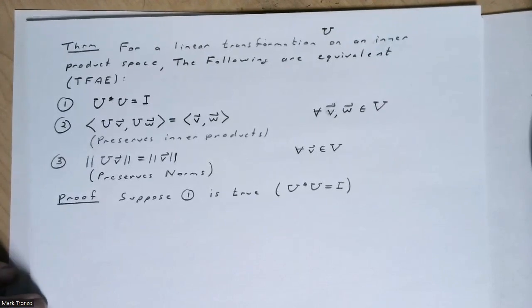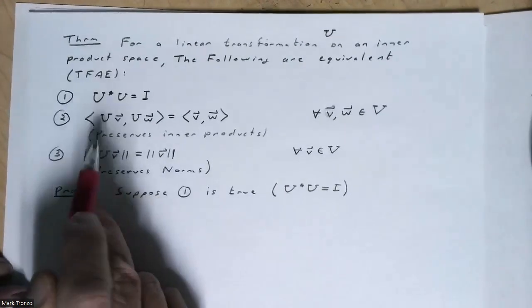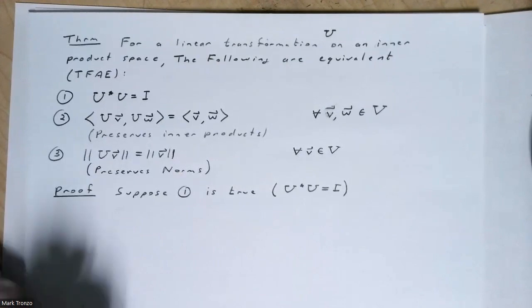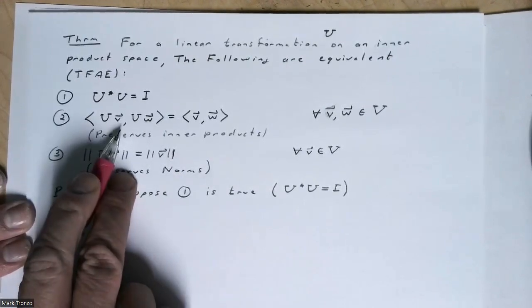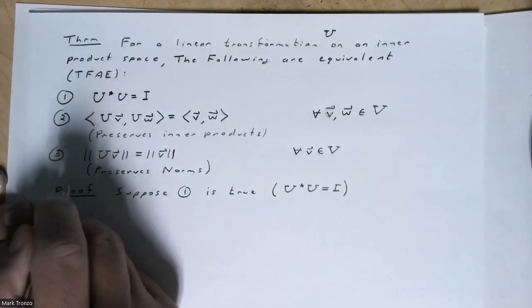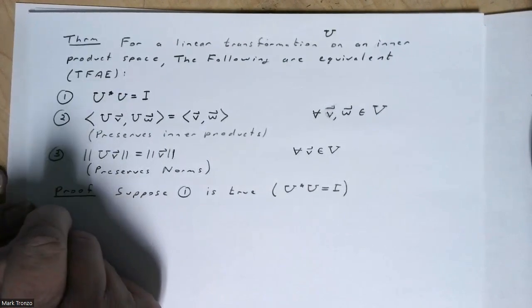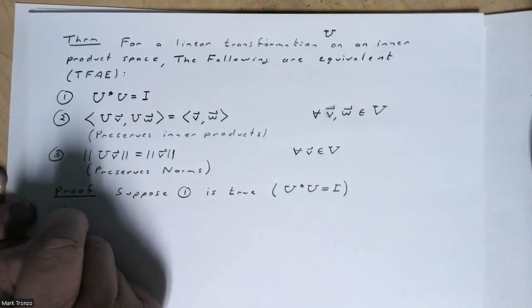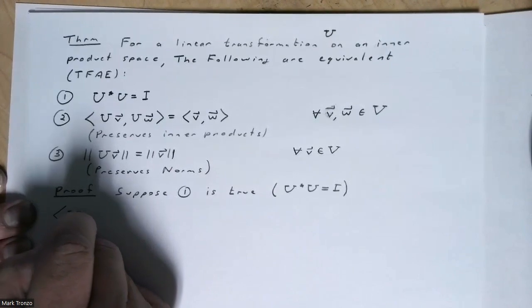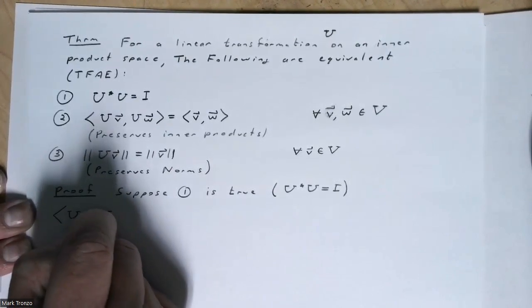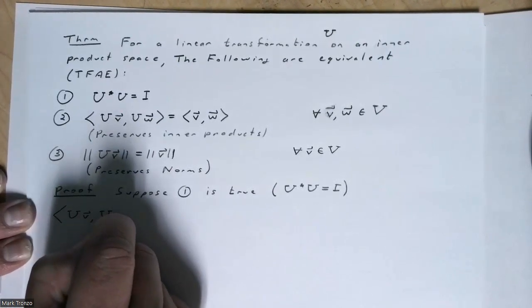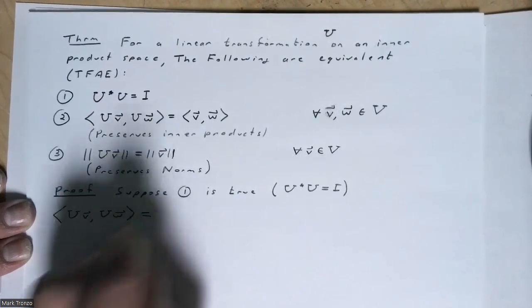So now we want to show 2, assuming that 1 is true. So we'll start with the left side here, <UV, UW>.